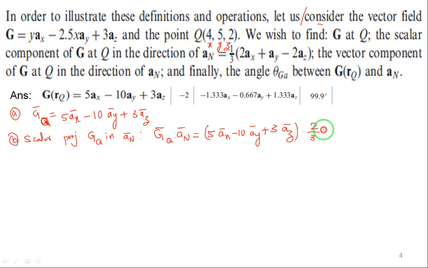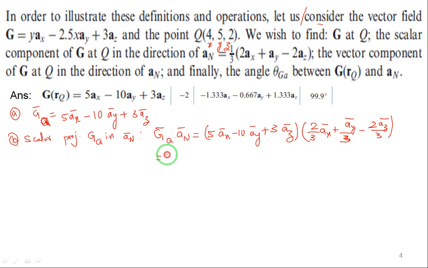I will take 1 by 3 inside: 2 by 3 ax plus ay divided by 3 minus 2 az divided by 3. Take the dot product of these two vectors.